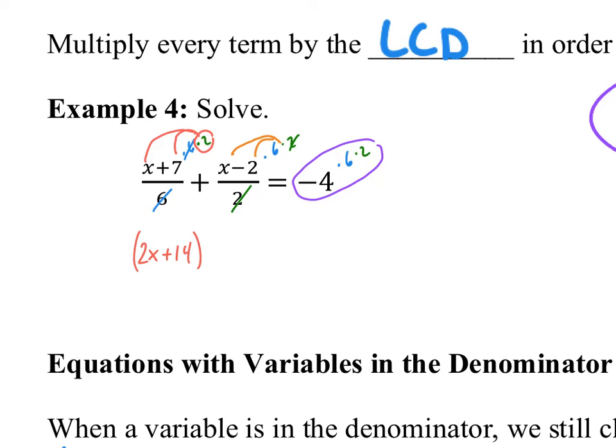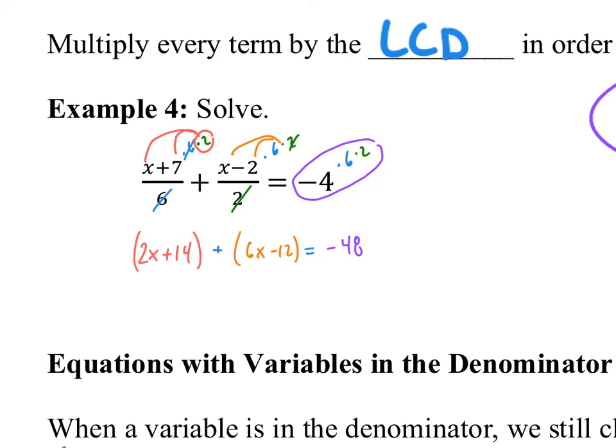Then I have my plus sign from the problem, and then 6 times x minus 2 comes down as 6x minus 12 in parentheses. Then equals, and negative 4 times 6 is 24, times 2 is 48, so negative 48. And we have a nice little equation to finish solving there.